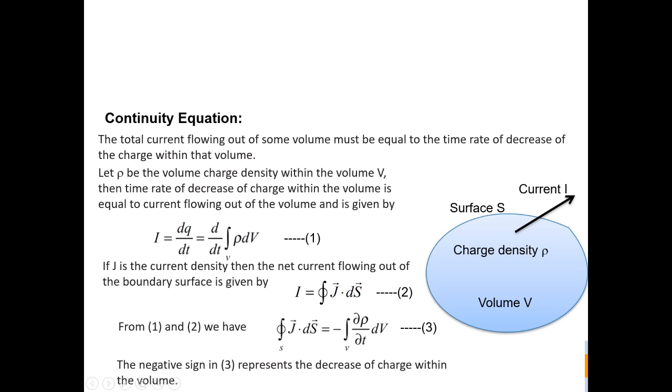And plugging this equation 2 back into equation 1, we have this equation 3 where it says that on the left hand side we have J dot ds, which is the net current crossing the boundary surface, the charge crossing per unit time, and on the right hand side we have the time rate of decrease of charge within that volume, and the decrease is indicated by this negative sign.